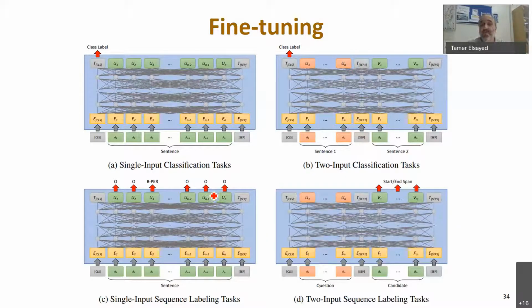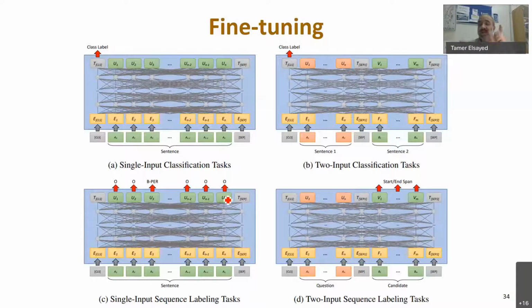There is also two input sequence labeling, something like question answering. Actually not machine translation, because that's one input and one output. Sorry, so that's not two input sequence labeling. Two input sequence labeling means you give two sentences, and then you get labeling for part of them. An example here is a question and a candidate answer. Let's say this is a question and this is a passage, and I need to get the answer within that passage.